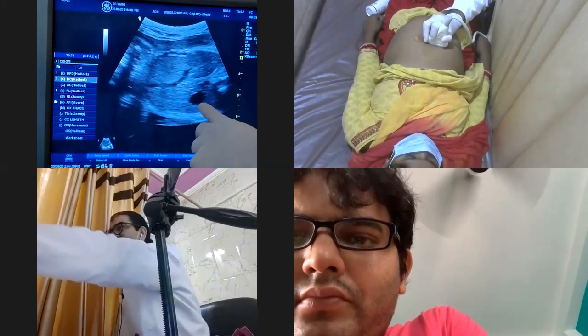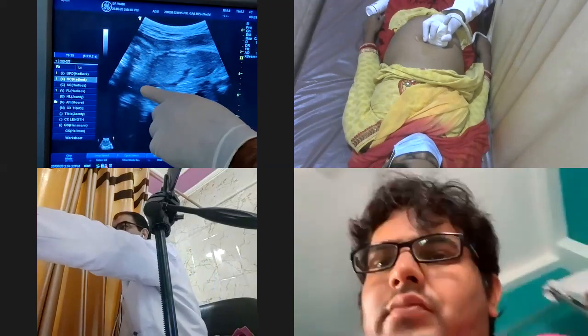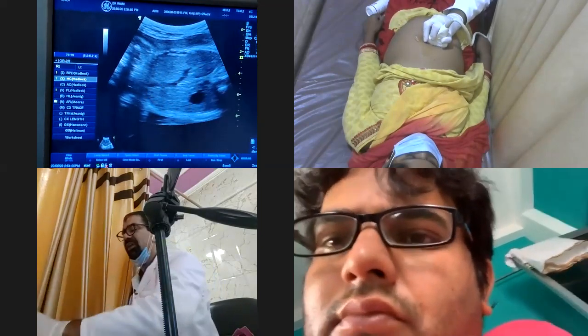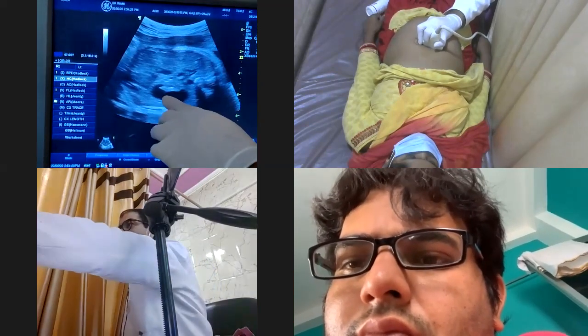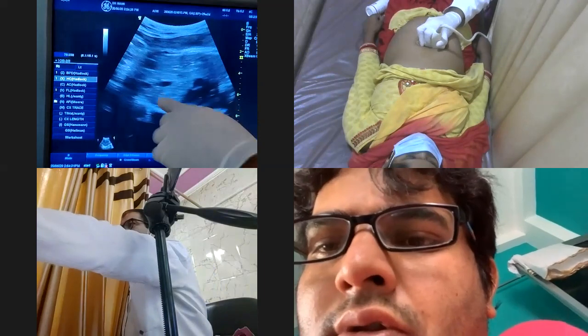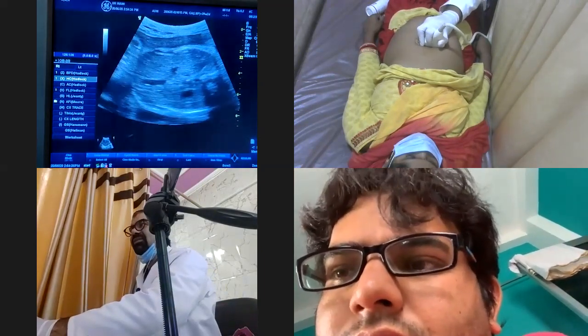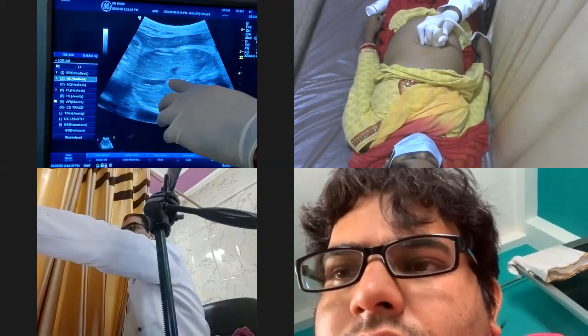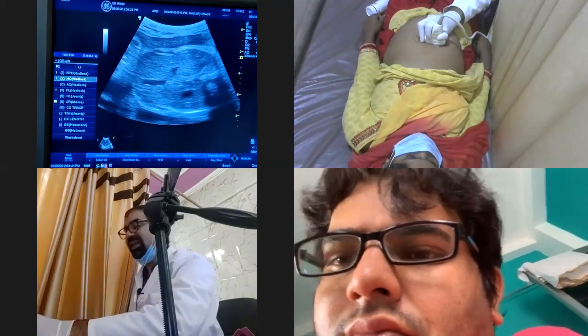You may see, you may not see the stomach in this section, when I'm cutting through the portal vein. Sometimes you may see, sometimes you may not see, but if you got the portal vein like this, then you are appropriate. So this is the portal vein, and this is the stomach bubble, which is still seen but not very clearly over here.